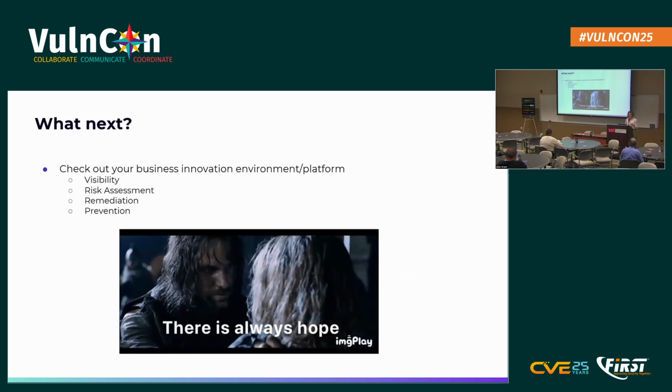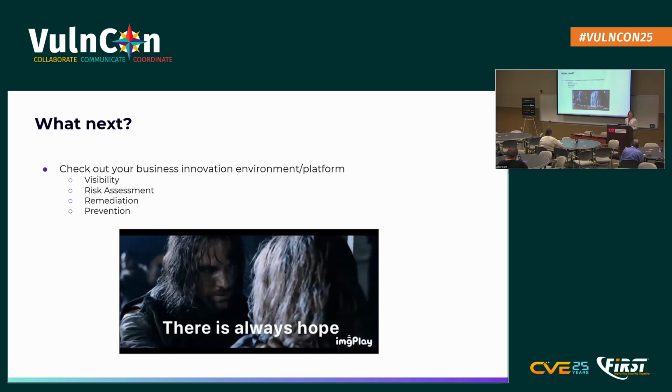So to wrap this up here, what's next for all of you? I recommend that you go back to your organization and you take a look at these environments and you assess, do you have visibility? Do you have a risk assessment present? Do you have a remediation strategy? Is prevention included in that?